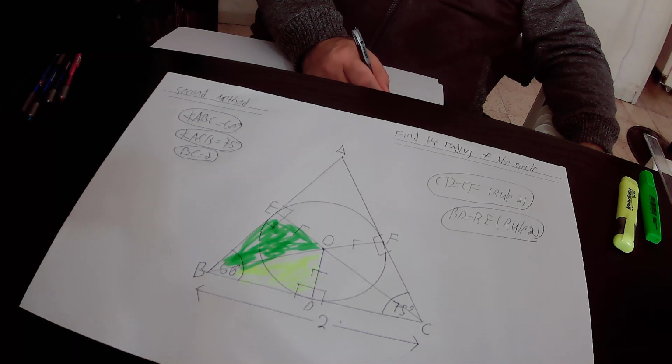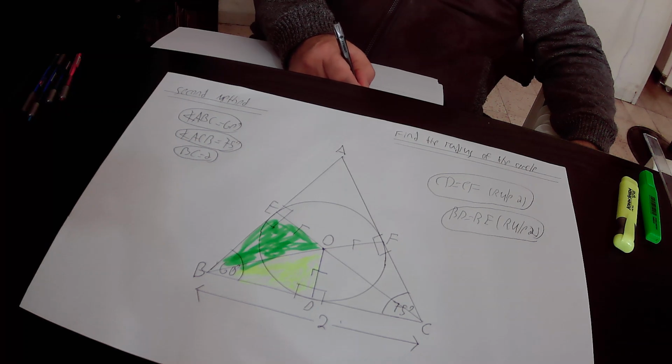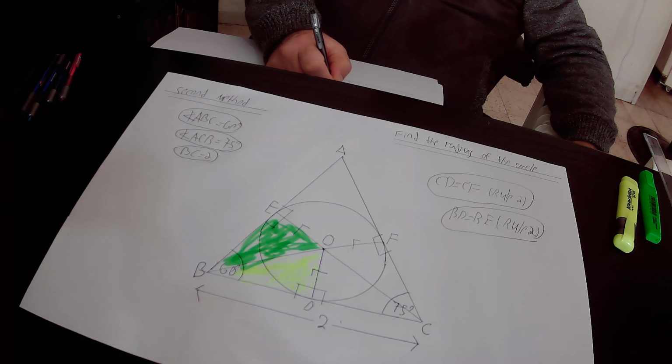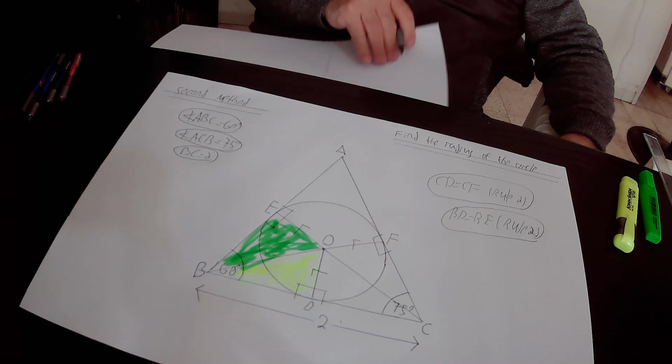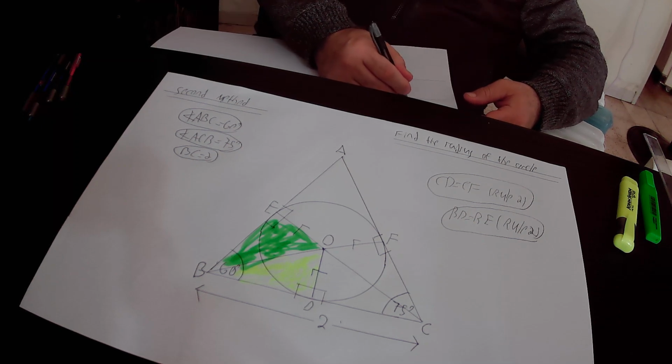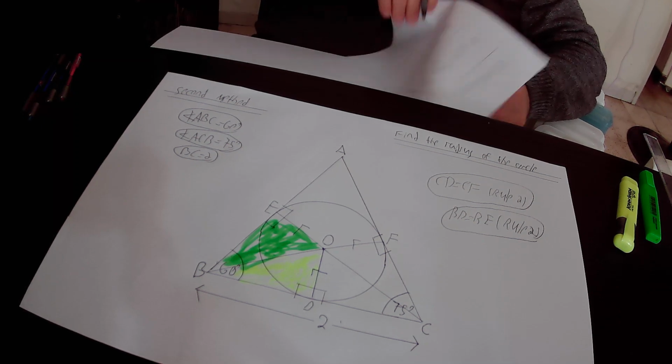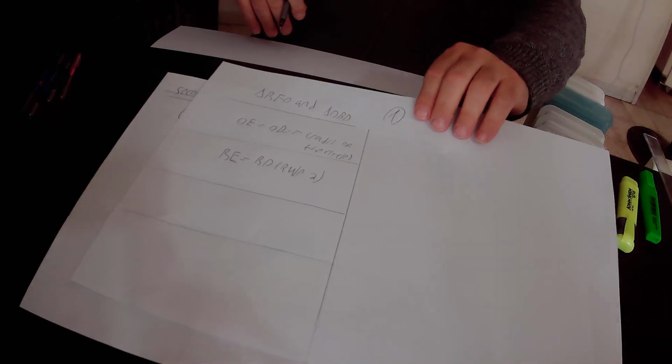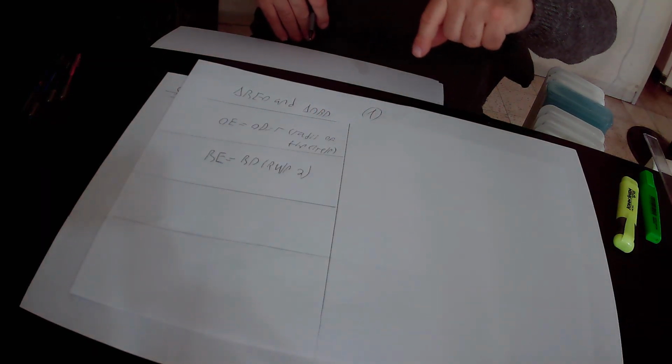Side BE of the green triangle equals side BD of the yellow triangle according to rule number 2.